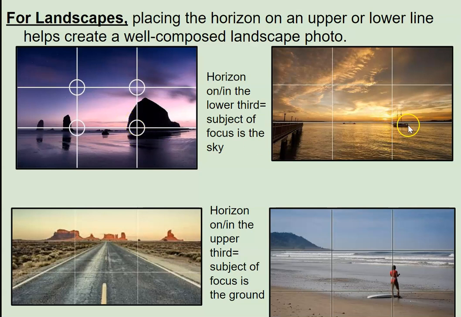The picture over here, the boat is just about in that position. Same thing with the surfer right here, where 2 of the lines intersect. Funny enough, I didn't realize until now that in all of these images, or most of them, there is something at this position, but it can be placed within any of those corners. The point is to avoid putting your subject or your horizon line directly in the center.